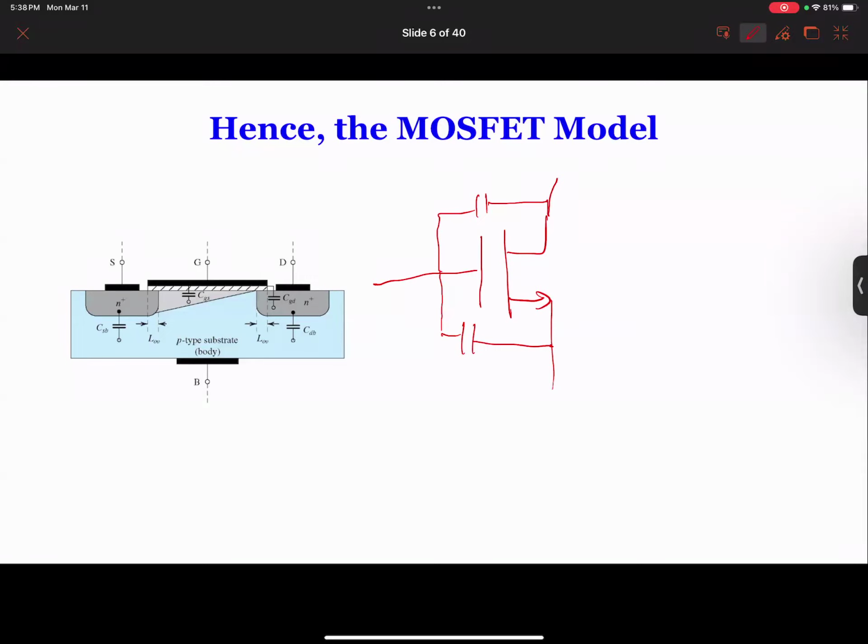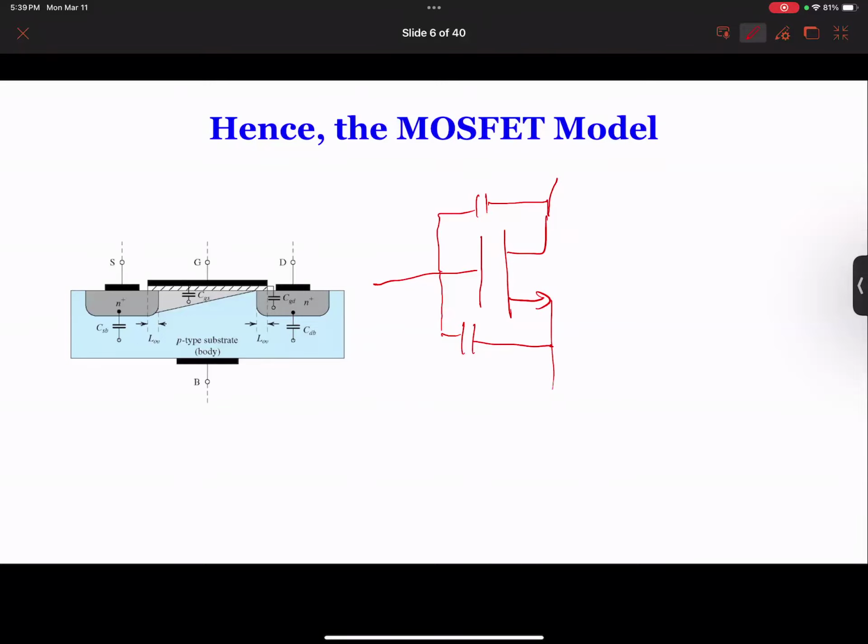But the problem with this drawing is that they're showing the body instead of the actual source as a connection. So typically you have drain and source, the current flows this way, but they have a body.